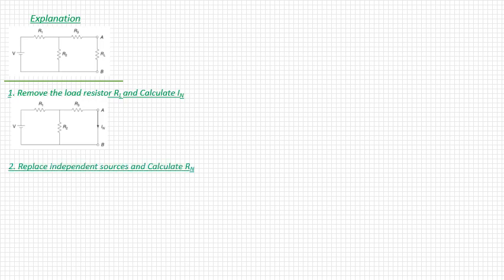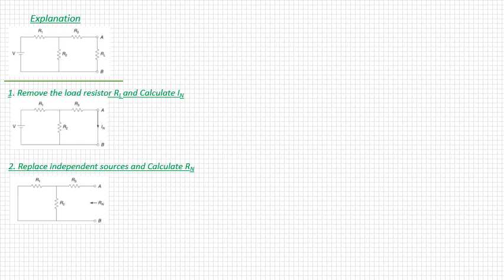Now, using the circuit parameters, we have to calculate IN, the Norton current. Then the second step is to replace the independent sources and calculate Norton resistance RN. The voltage source is replaced by a short circuit and the circuit is redrawn like this.